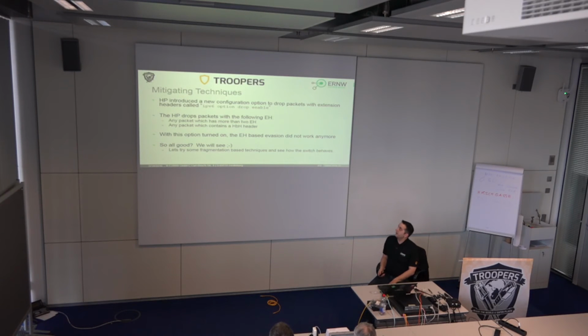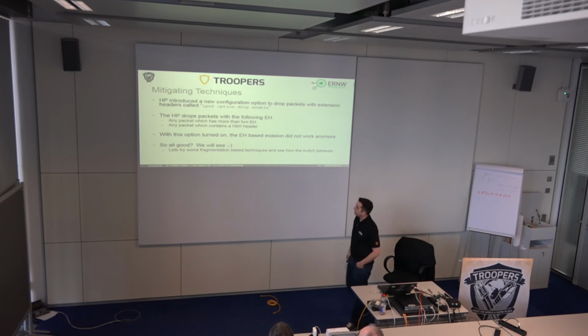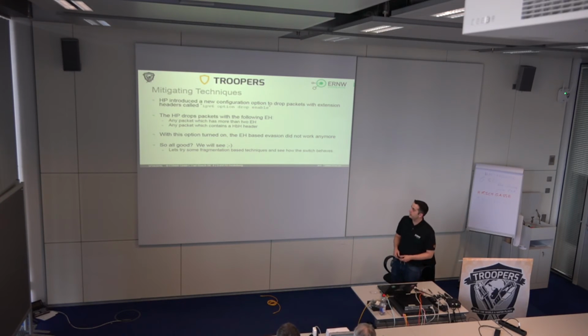So what have they done? They have implemented a new configuration knob, IPv6 option drop enable, which you enable globally once on the HP switch. And the HP behaves the following.